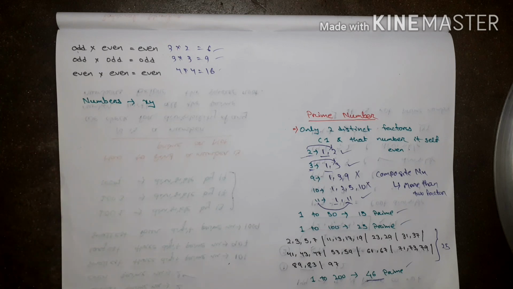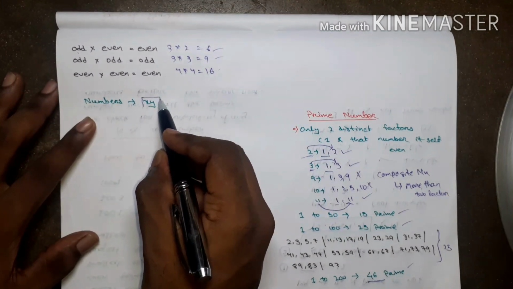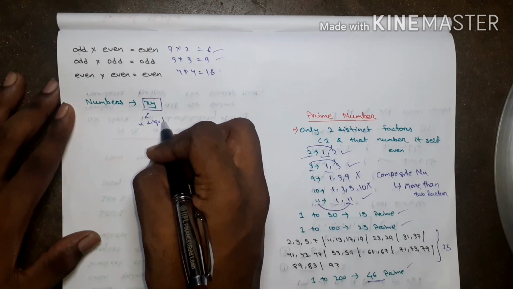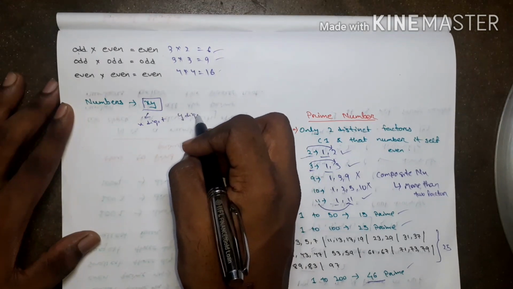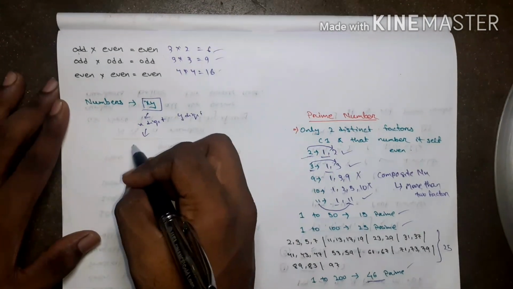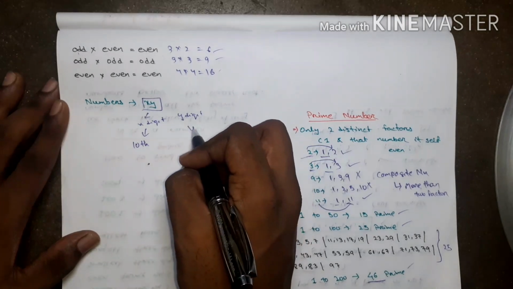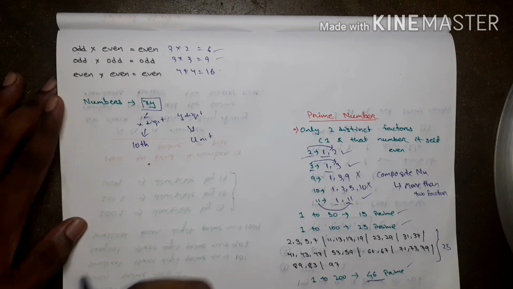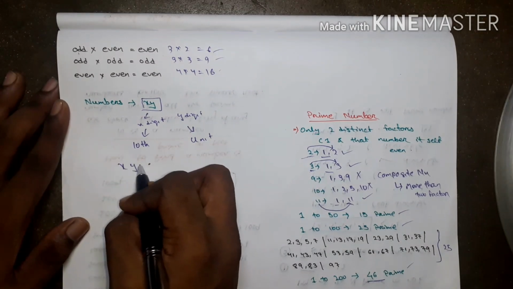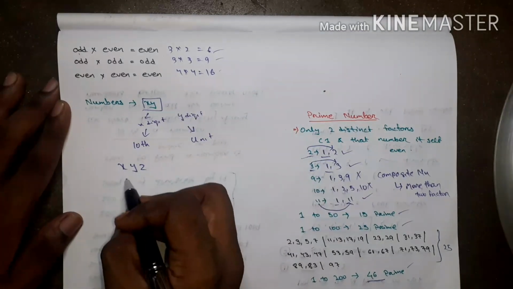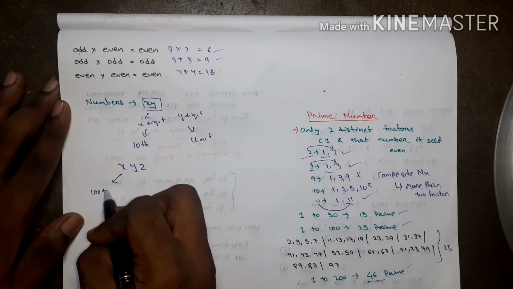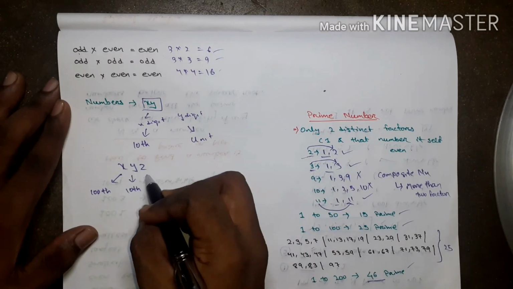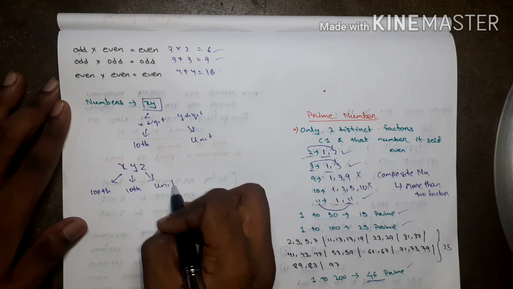Then go for numbers. If I say xy is a number, that means x is a digit and y is also a digit. x is the tens digit and y is the unit digit. Then if I say xyz is a number, then it has the hundreds place, the tens place, and the unit place.